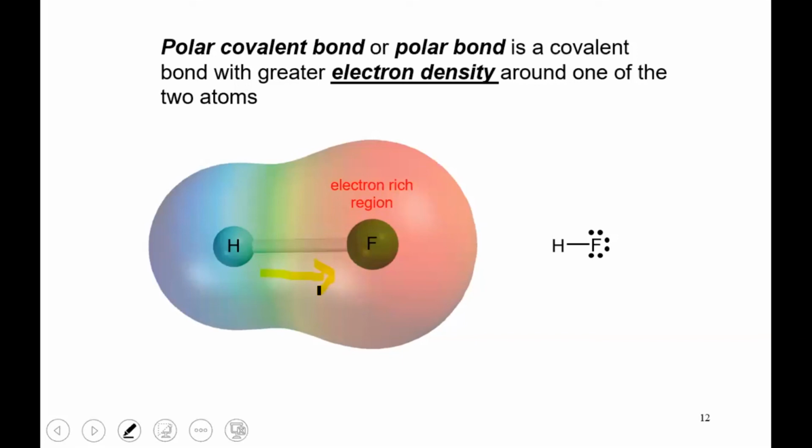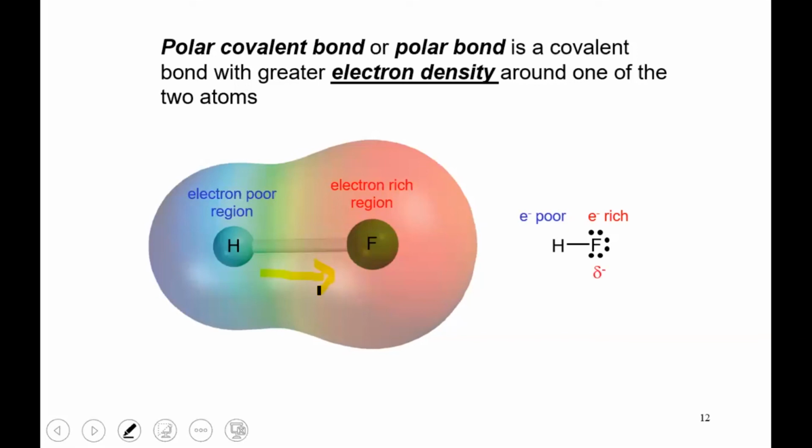And because of that, we say that we have a partial charge. And what we're going to do here is use, to represent the electron-rich side of that bond and the electron-poor side of that bond, yes, you guessed it, yet another Greek letter.